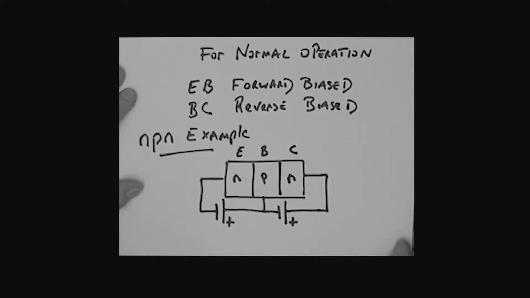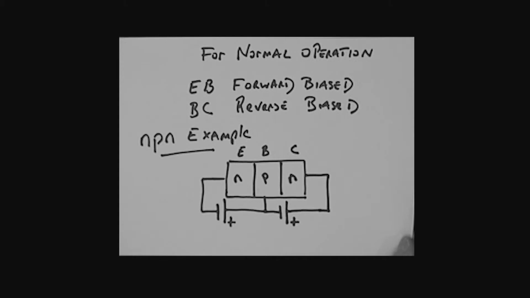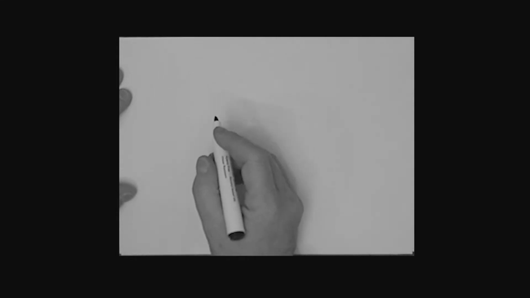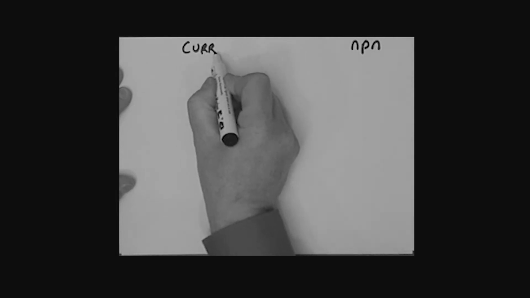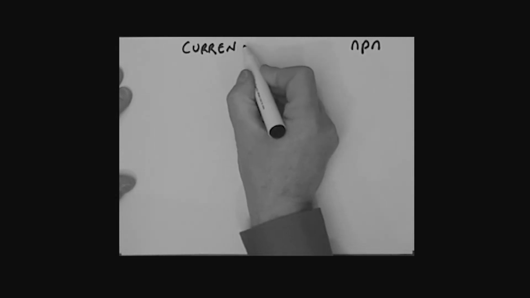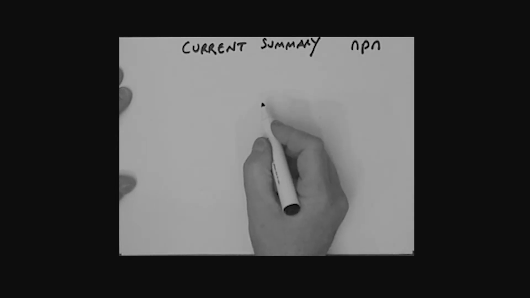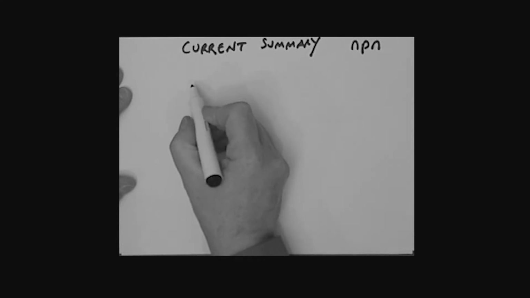Now let me give you what I feel here is a current summary. These are the currents that you really need to know and understand. Now we are making some approximations in all of this, but we're focusing on what I'm considering to be essential. So again, a focus on an NPN transistor. Let's show you the transistor symbol once again.